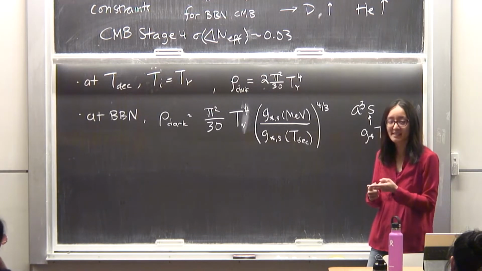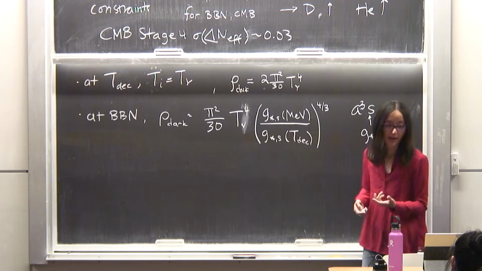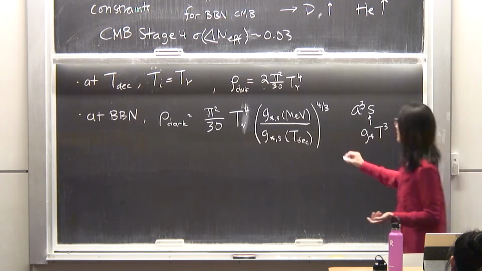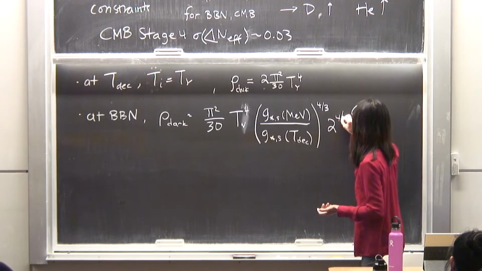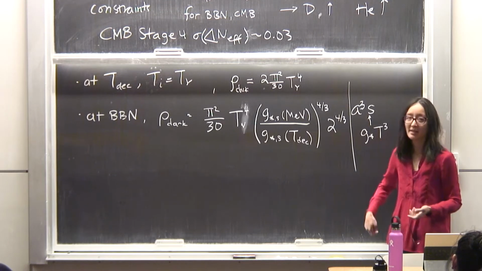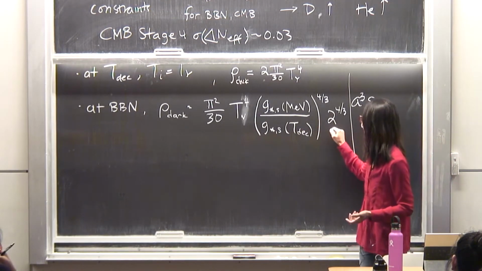One of them annihilates, and so that raises the temperature of the remaining radiation a little bit by a factor of 2 to the 1/3. So I'm going to put a 2 to the 4/3 here. This is only if it's more massive than an MeV or so.